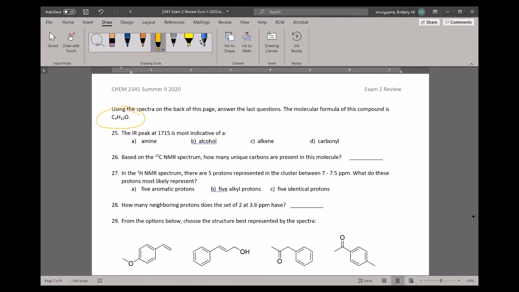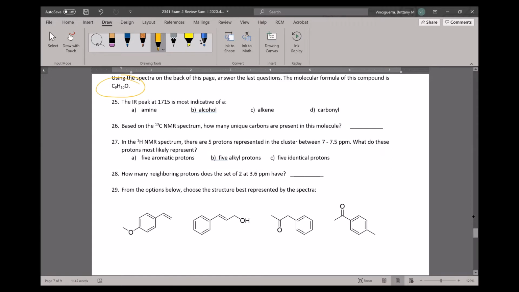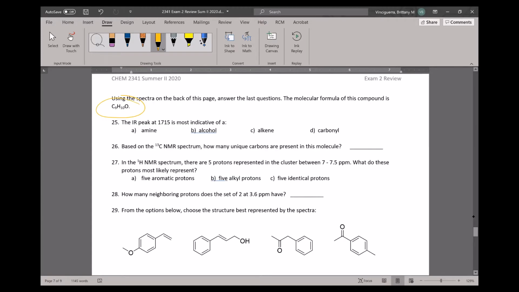How many neighboring protons are there? Basically, a bunch of leading questions to help you decide between these 4 structures. Do you guys want to work through this together, or would you rather work through this one on your own? I can give you some more practice spectra also if you'd like.